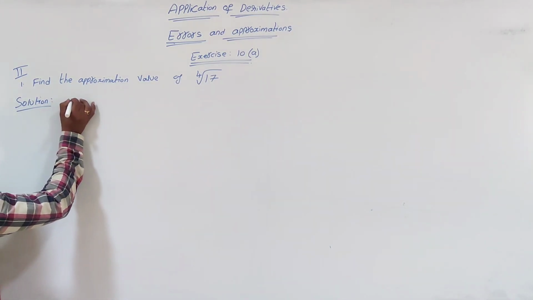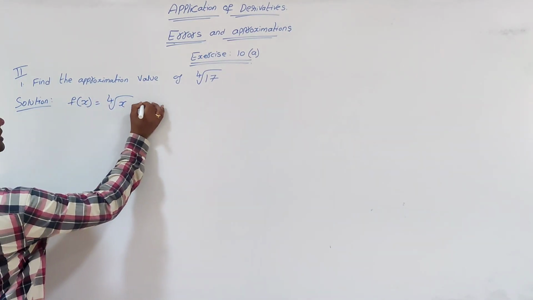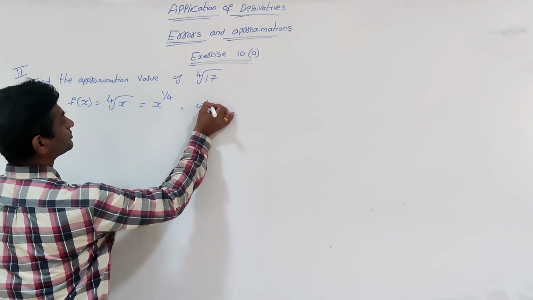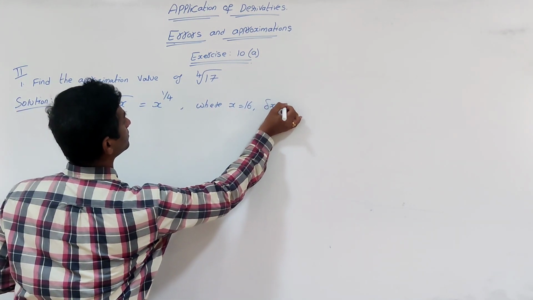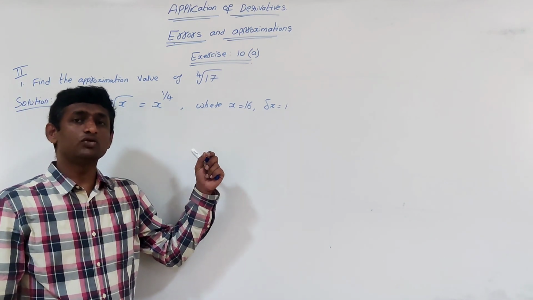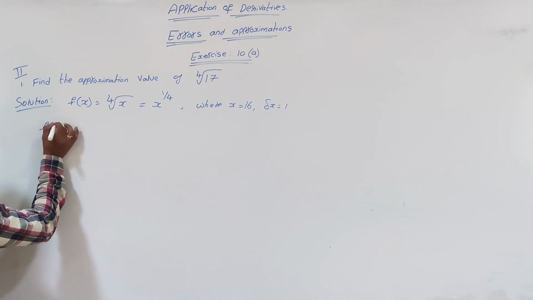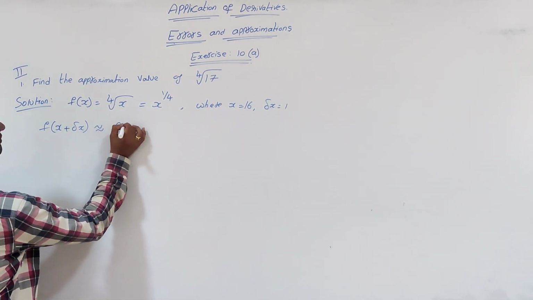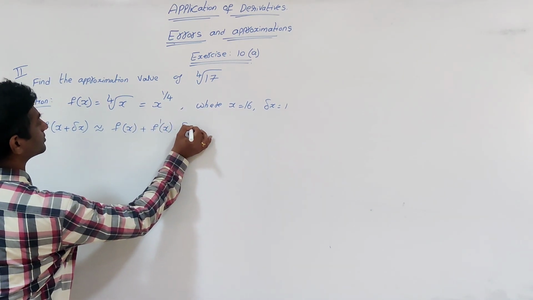So f of x is 4th root of x, that is x to the power of 1 by 4, where x is 16 and delta x is 1. The reason we are taking 16 is that we can find the value of 4th root of 16. Now f of x plus delta x is approximately equal to f of x plus f dash of x into delta x.